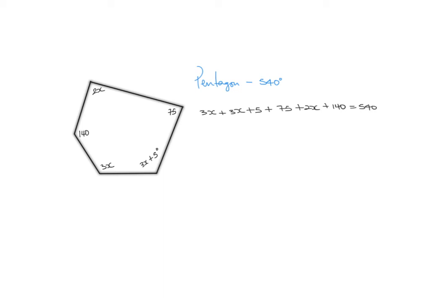All right, now same as I was doing before, nothing new here. Look for all of your common values and your like terms and add them up. So I've got 3x plus another 3x is 6x plus another 2x over there is 8x. So I'm just going to write down my 8x there, and then I do the same thing with my numbers, which will then tell me that 5 plus 75 is 80, plus another 140 is 220.